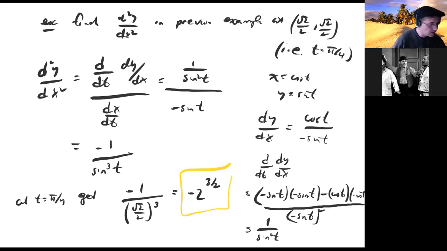And the next thing I want to talk about is another example, which is the cycloid, computing the slope of the tangent line, actually the equation of the tangent line to the cycloid. Okay, so let's do it.